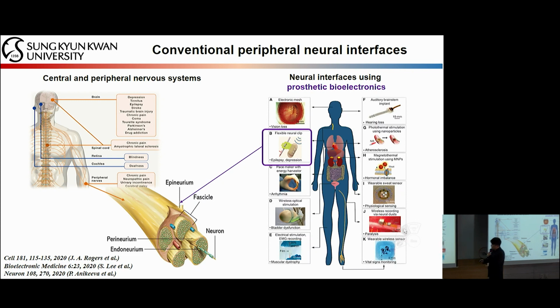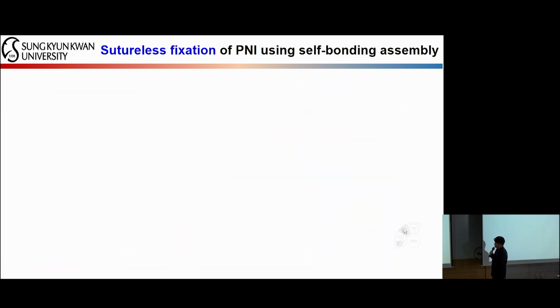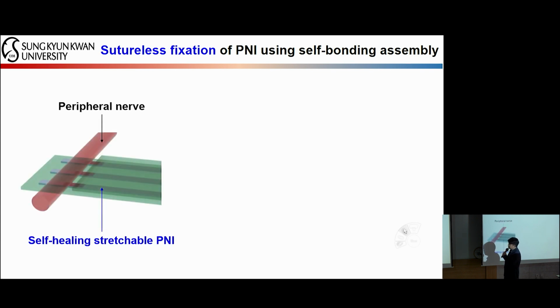The intimate interfacing of the epineurium with the cuff-type device will be a key solution for realizing a long-term stable peripheral neural interface. In that case, I came up with an interesting idea for sutureless fixation of the peripheral neural interface using self-healing material. This is a peripheral nerve.